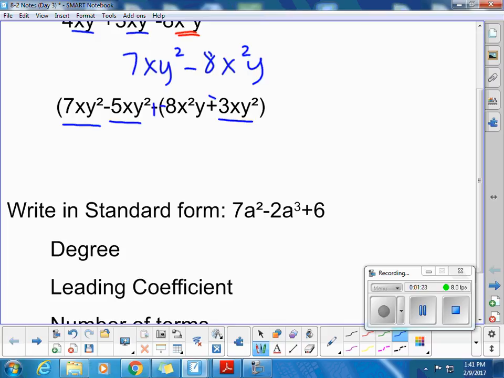And I also have minus 3xy squareds. So 7 minus 5 would give me 2xy squareds, and then minus 3 would give me negative xy squared. And it'd be minus 8x squared y.